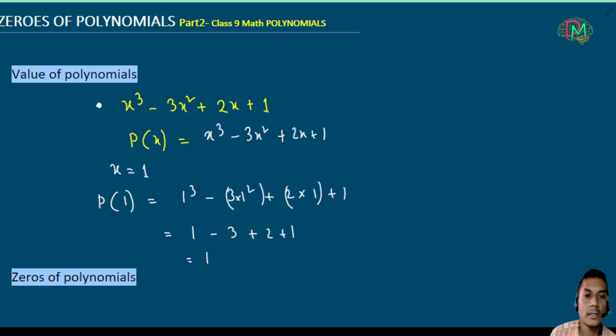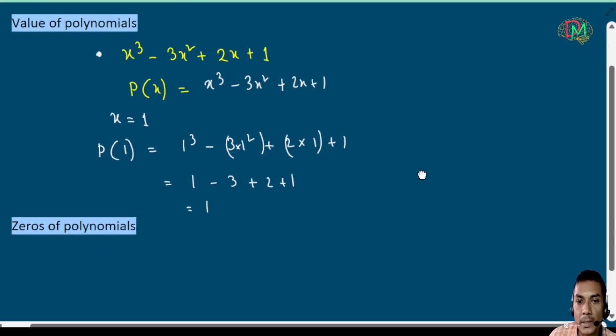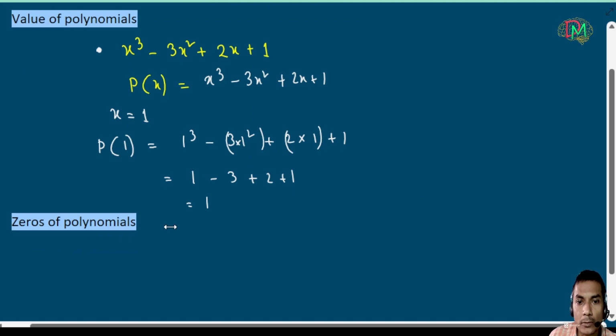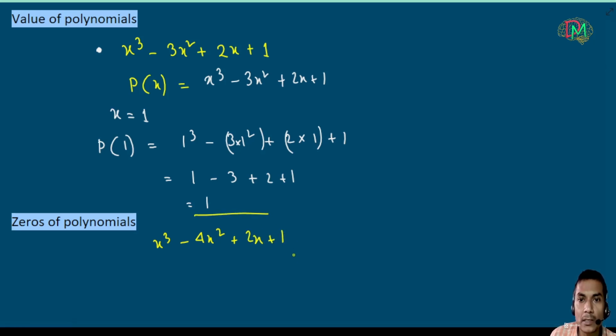Next we learn the zeros of polynomials. Let's take one example: x cube minus 4x square plus 2x plus 1. Suppose this is a polynomial. We can write the polynomial as p(x), a function of x.